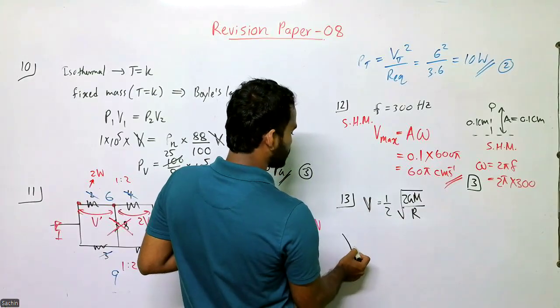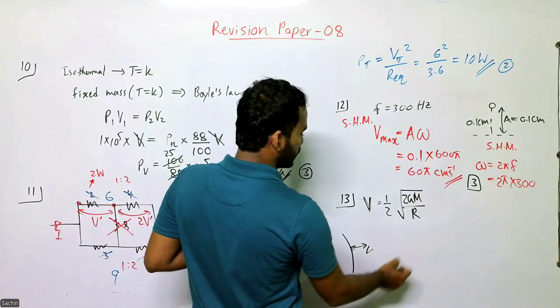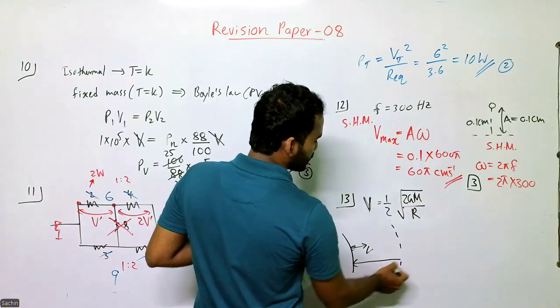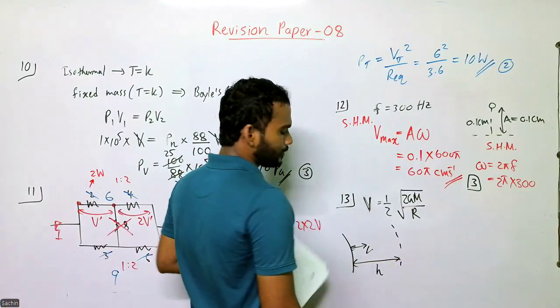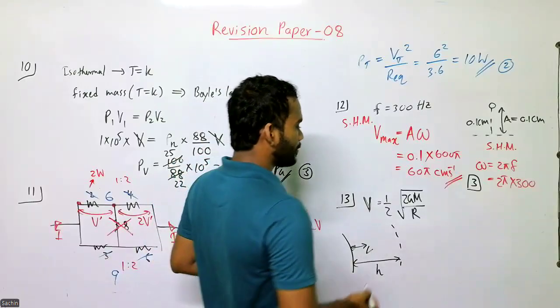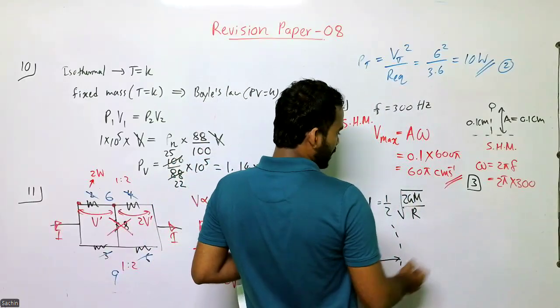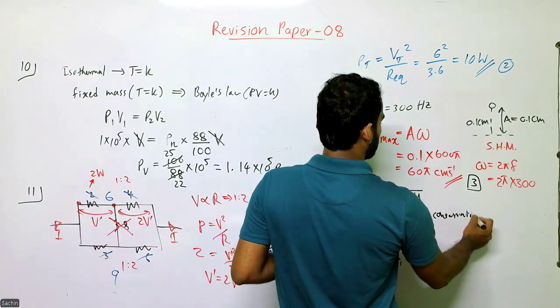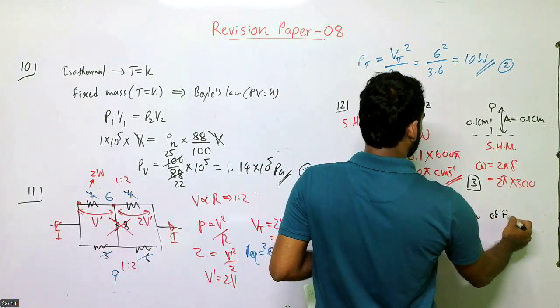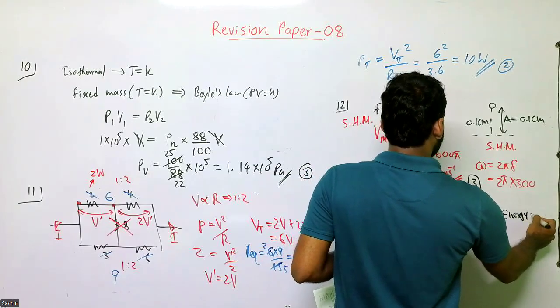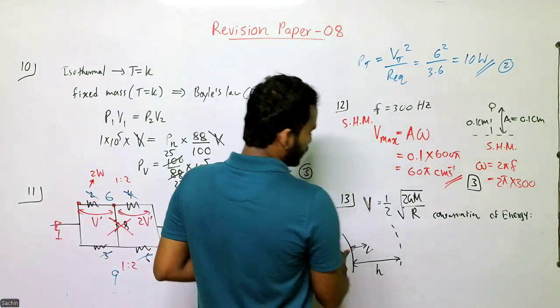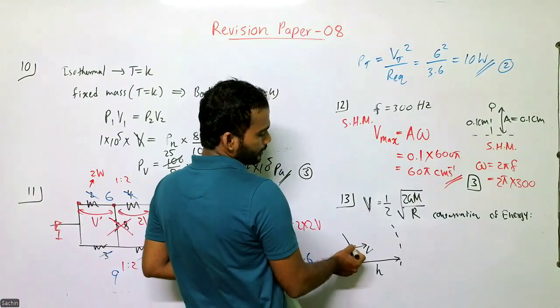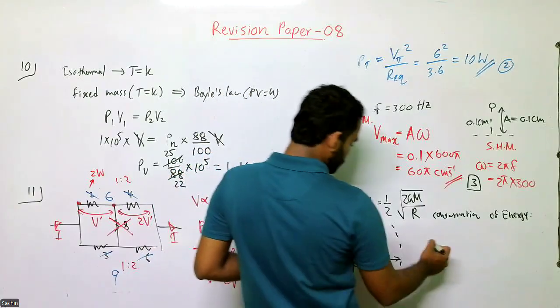Okay, so you are projecting with this velocity and asked to calculate the maximum height. A simple question like what we found in mechanics. In this case, you can apply the conservation of energy. So when you apply it, consider the kinetic energy and the potential energy at the surface.